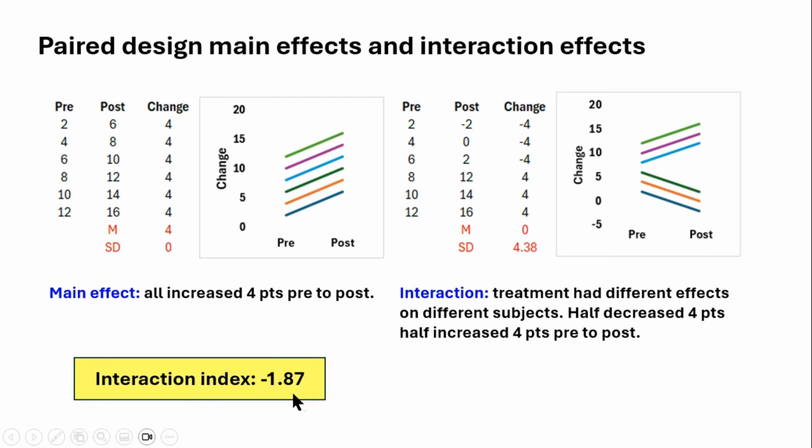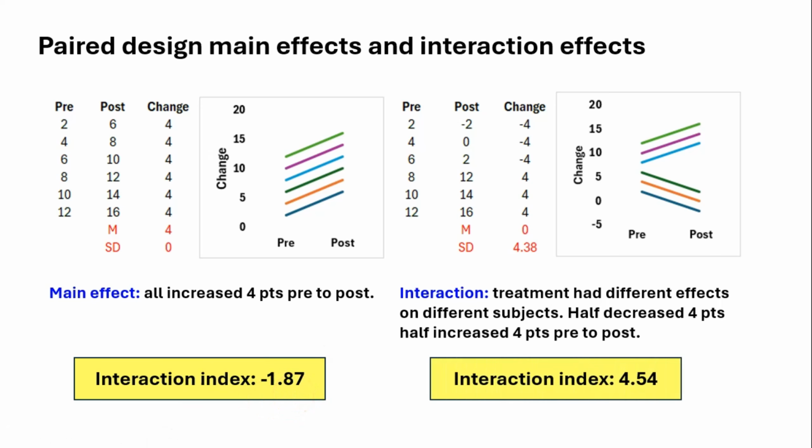I get a minus 1.87, but when I do it over here for this one, I get 4.54. So as the index gets more positive, there's more likely to be an interaction that's going on that you would want to look at and talk about in your results.